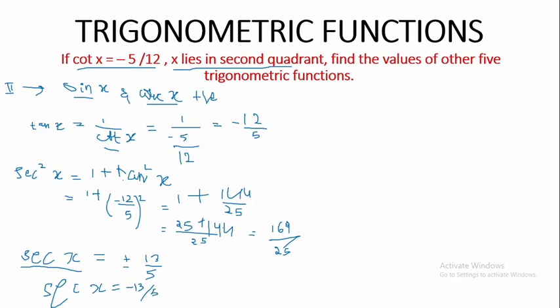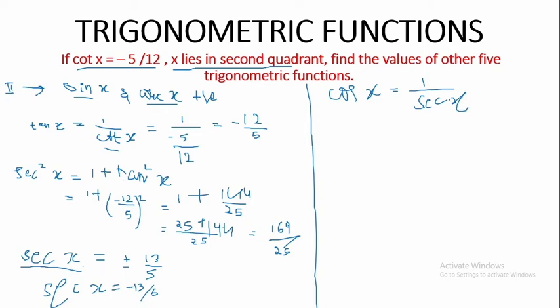So next we have the other 3 trigonometric functions, that is cos x, sin x and cosecant x. To find the value of cos x, we know cos x is equal to 1 by sec x. We know the value of secant x, that's minus 13 by 5.